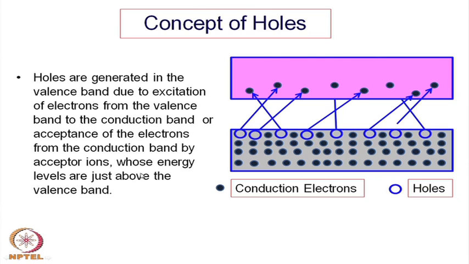whose energy levels are just, I am sorry, I think there is a mistake in the statement. For acceptance of the electrons, not from the conduction band, it should be the valency band, I am sorry.